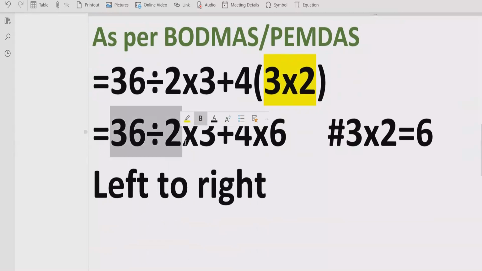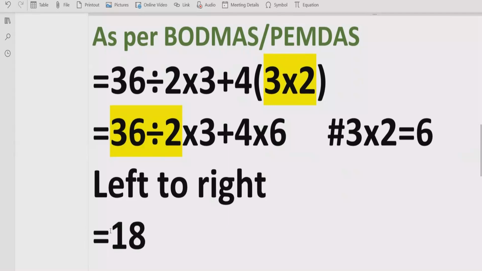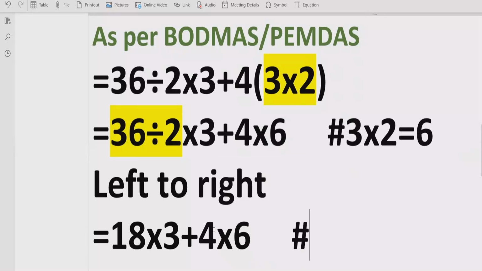So now we have this division. We will solve 36 divided by 2, which equals 18, and then multiply by 3 plus 4 multiplied by 6. 36 divided by 2 equals 18.